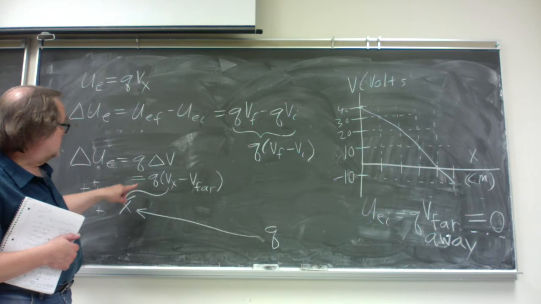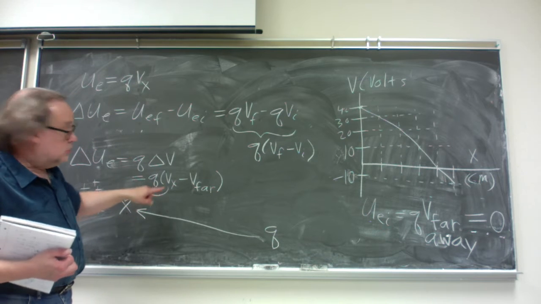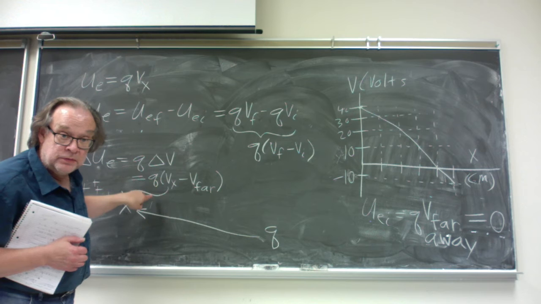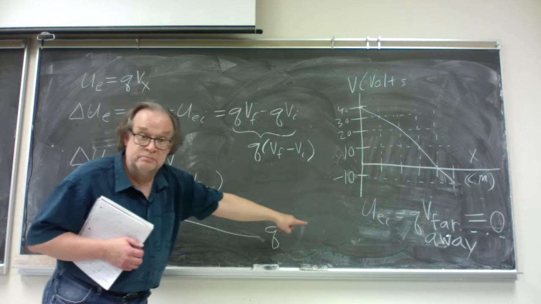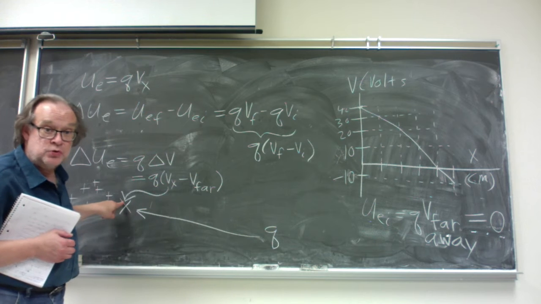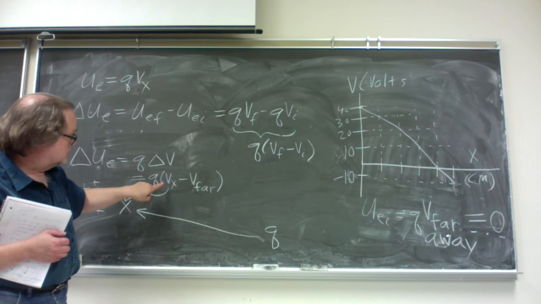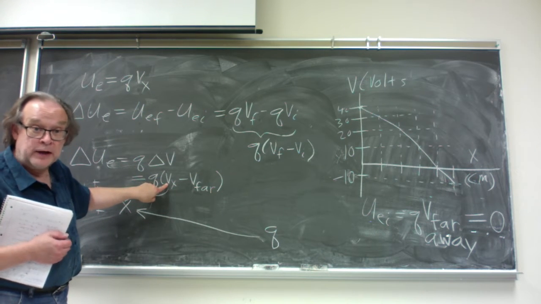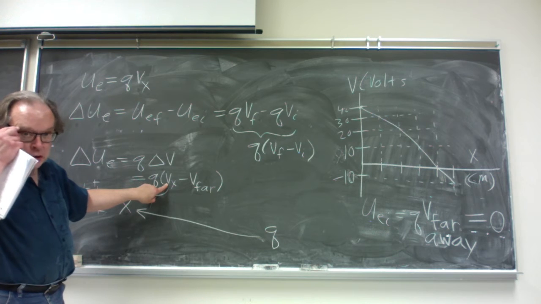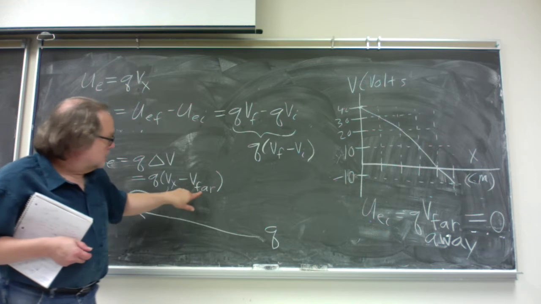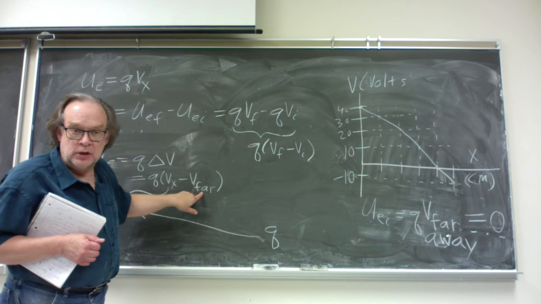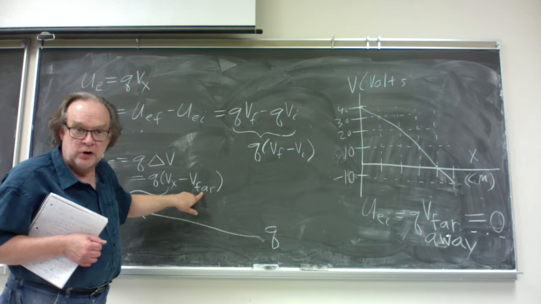So in this case, the change in potential that the charge Q saw as it moved from some point far away to point X is just the final potential at the final destination minus potential at the initial location far, far away.